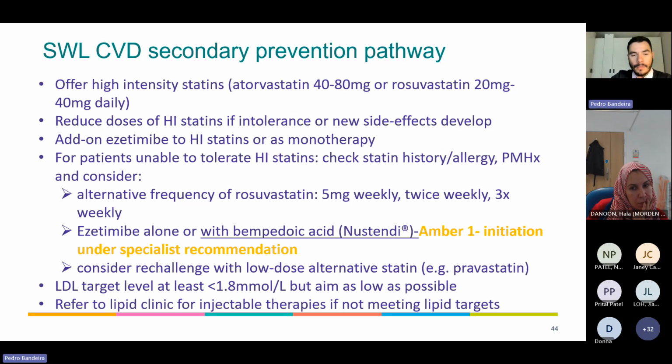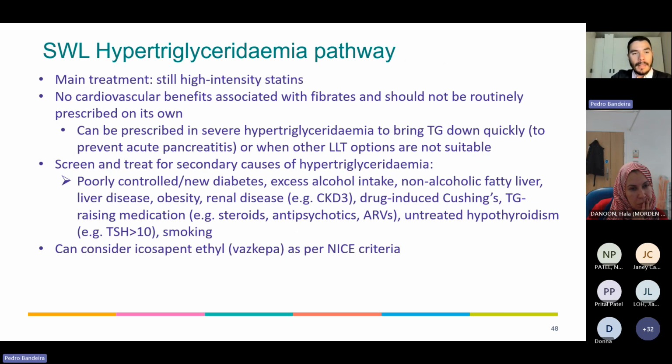And then for the high triglyceride pathway, the main treatment is still high-intensity statins. According to recent clinical trials, fibrates were not associated with cardiovascular benefits, so shouldn't be prescribed on their own.